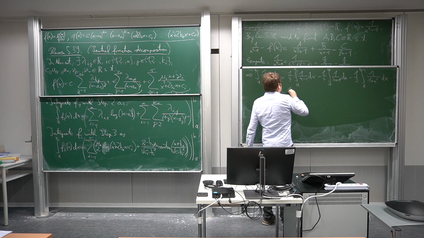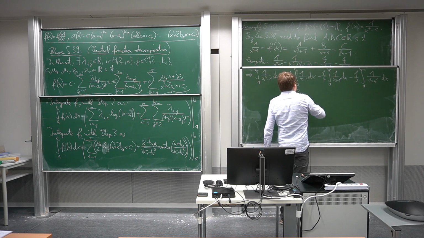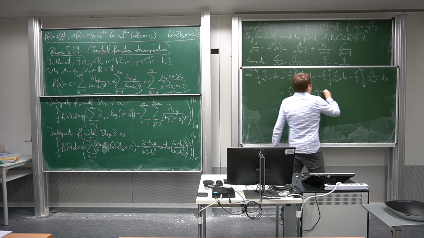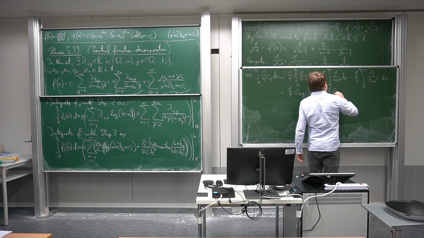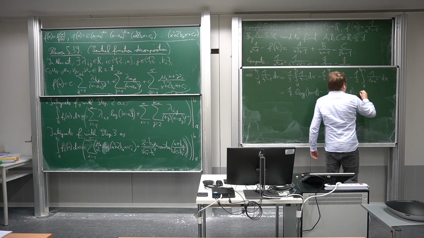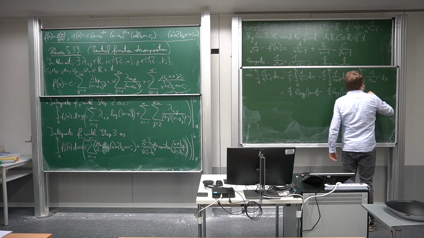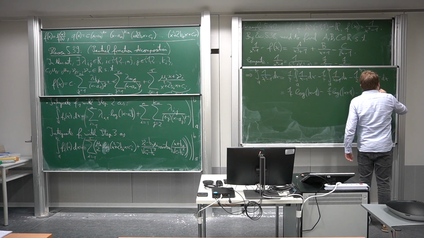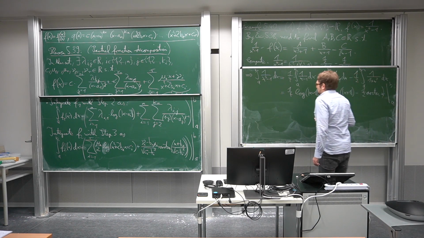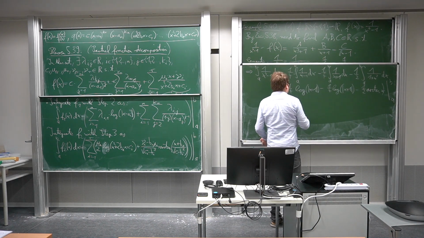This is the same as a quarter log of the absolute value of x minus 1, minus a quarter of log of the absolute value of x plus 1, minus 1/2 arctangent of x, and this now in the boundaries from a to b. And this can be slightly simplified by using the logarithm laws.